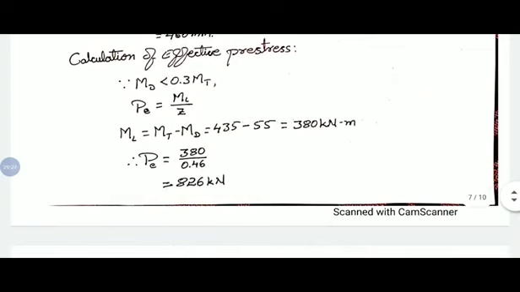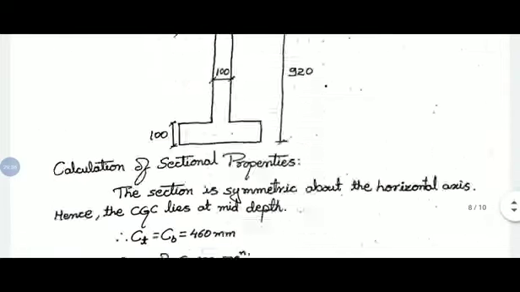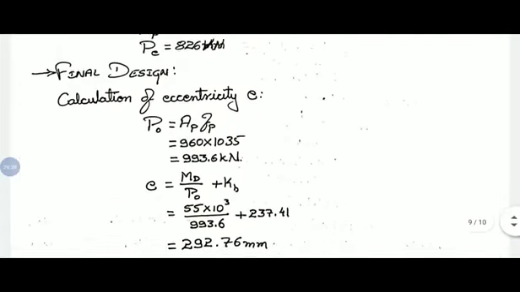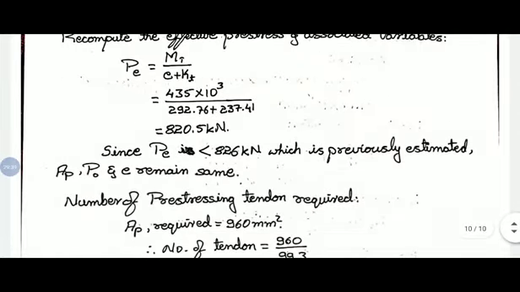Here, in the concept of moment, we have 826 kilonewton, and after calculating eccentricity and Kern point, we have 820.5 kilonewton. So it is less than the previously calculated effective pre-stress.